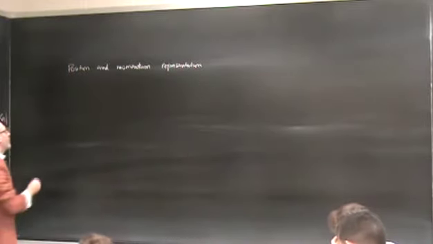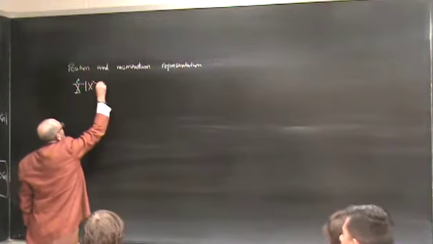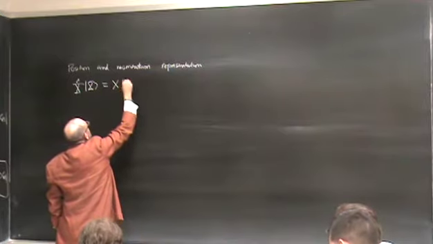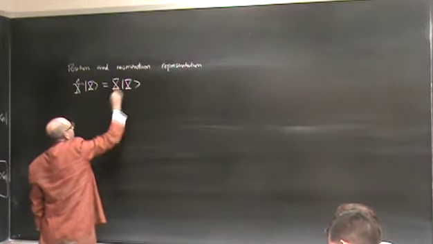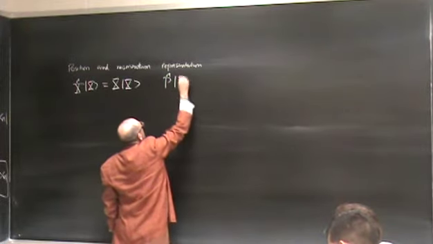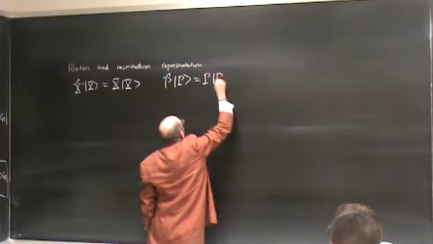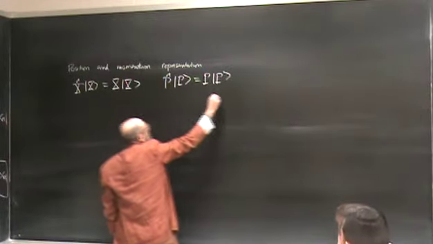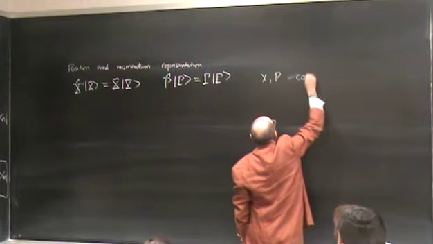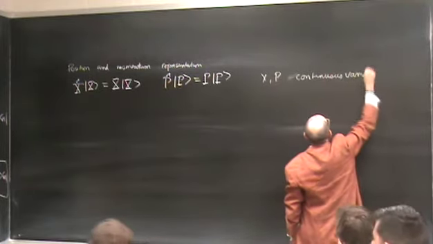Okay. So the way we said that we looked for states that are eigenstates of the X operator and the P operator. Now these are continuous variables, but that's okay.